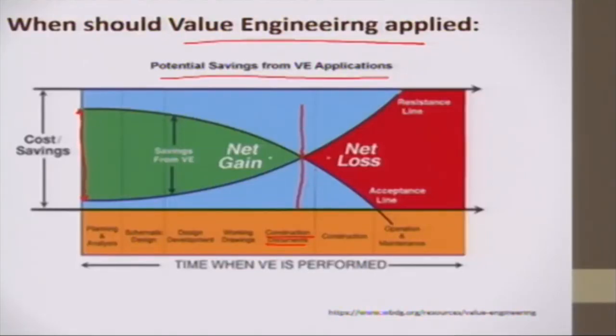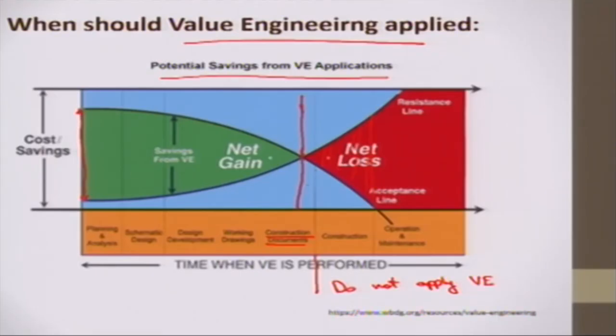And at this point when the construction starts, all the resources are gathered, and therefore, we will have loss here. And if some of the construction has been carried out, then there will be total loss. We need to demolish the building and rebuild again. Obviously, value engineering would never be applied at this stage, so do not apply VE.